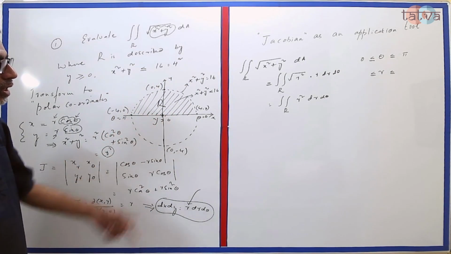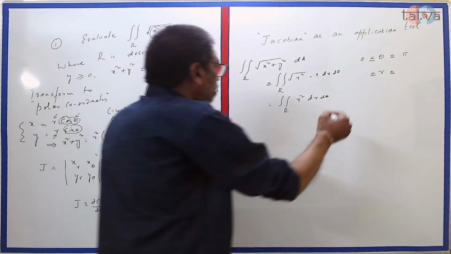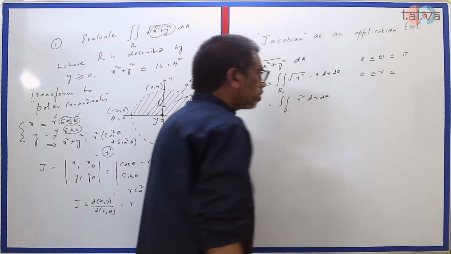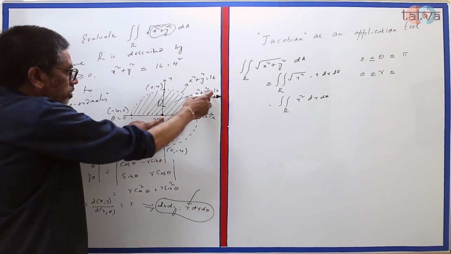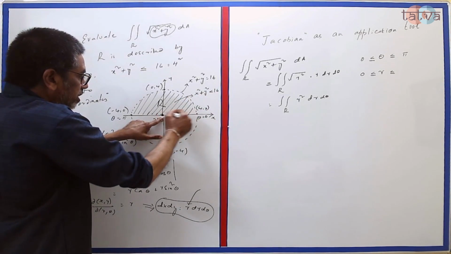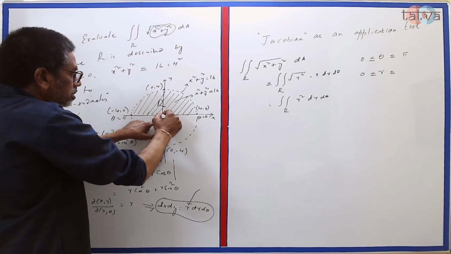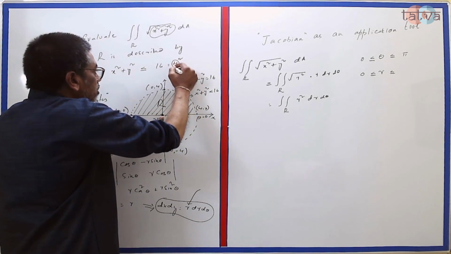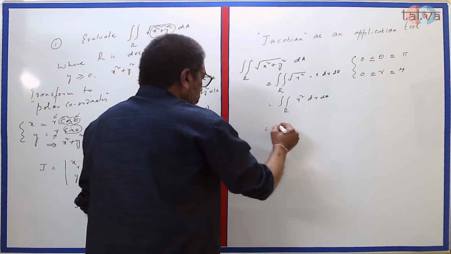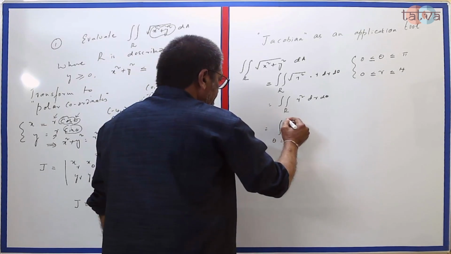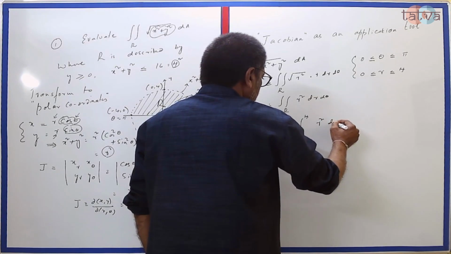Coming to the limits for r, because the circle has center at the origin, you fix r is equal to 0 as the lower limit. And this circle has radius 4 and it has a fixed radius right through the journey. So the radius does not change because the center is at the origin. So the radius is 4 units. So r varies from 0 to 4. So theta is equal to 0 to pi, r is equal to 0 to 4, r squared dr d theta.